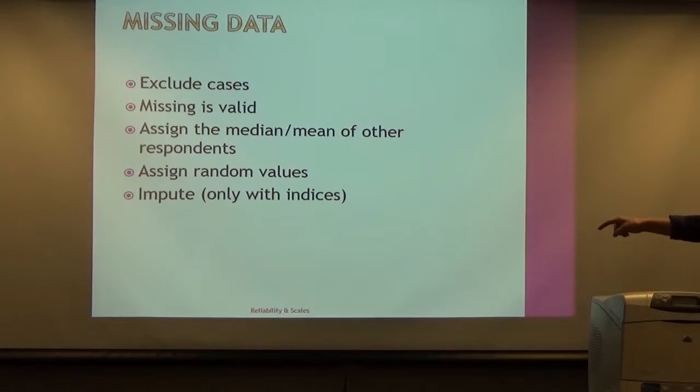You can impute: take that person's mean score on the other 3 and plug it into their 1 missing. Now you have to have a minority of them missing. If you had depression, with 17 items, and they were missing 2 or 3, you could impute their mean score on the others into those 2 or 3. But on Bogardus social distance, where there are only 4 in our study, you can't be missing 2 or 3. You can only be missing 1, or it's just not a valid way to do it.